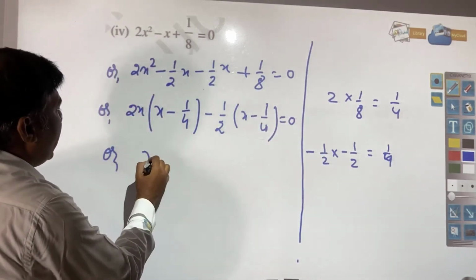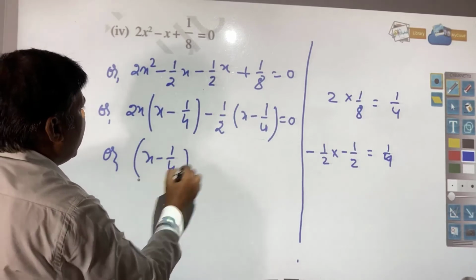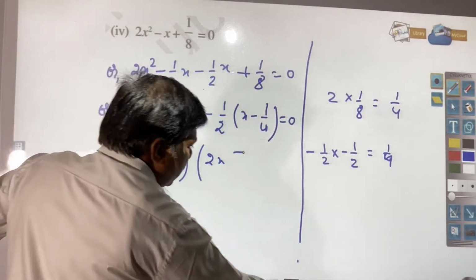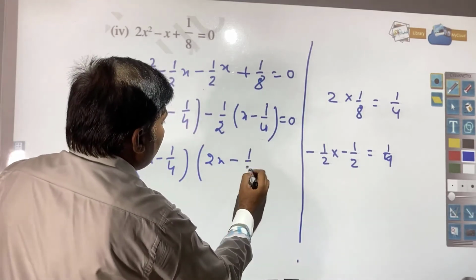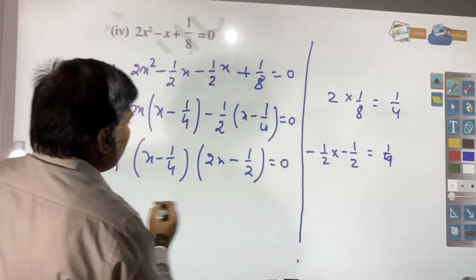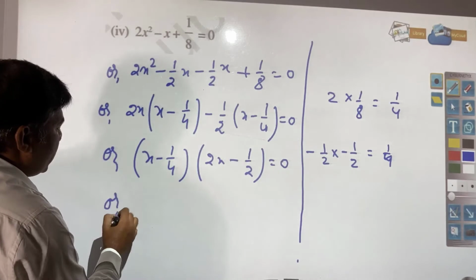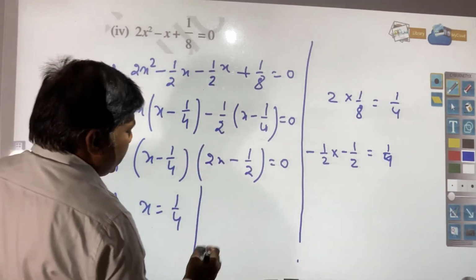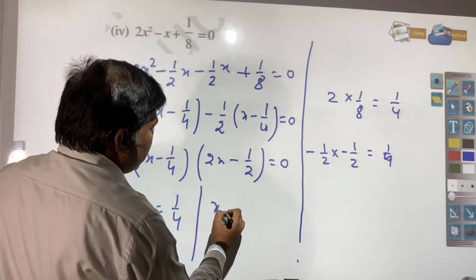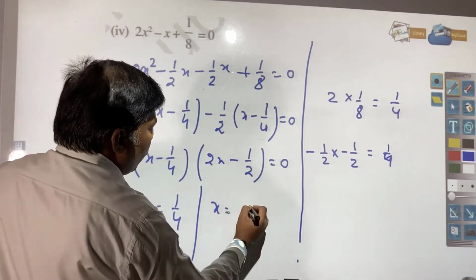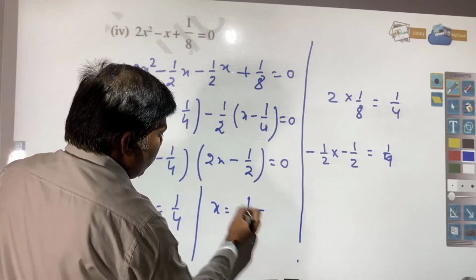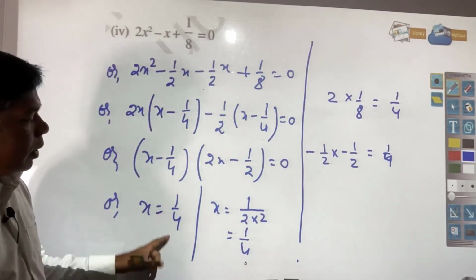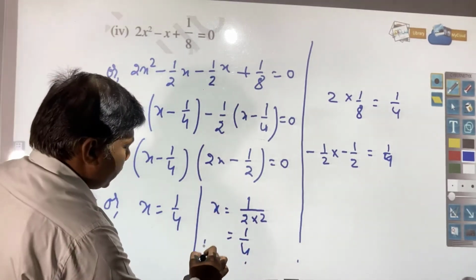So x minus 1 by 4 and 2x minus 1 by 2 is equal to 0, and therefore when this factor will be 0, x will be 1 by 4, and when this will be 0, you will get x is equal to 1 by 4. This will be your answer.